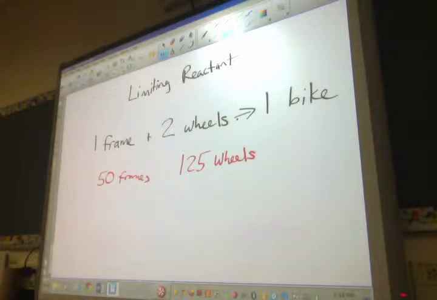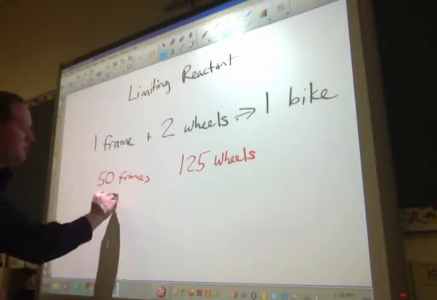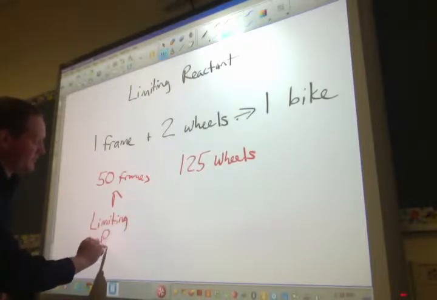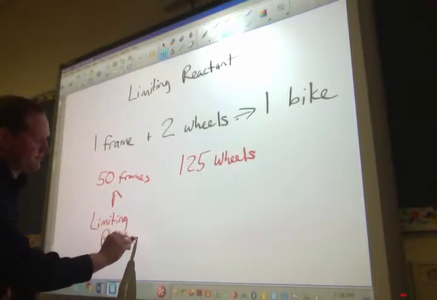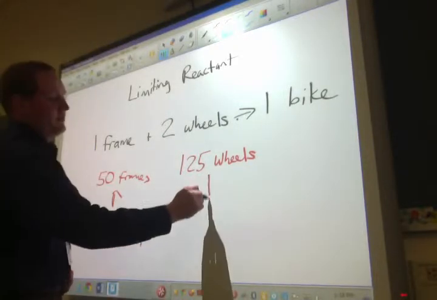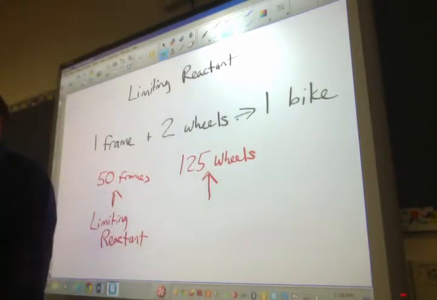The thing that runs out first, we call the limiting reactant. Because the equation is limited by how much there is. Once it's used up, you're done. And we want to guess what we call this other part? Excess reactant.